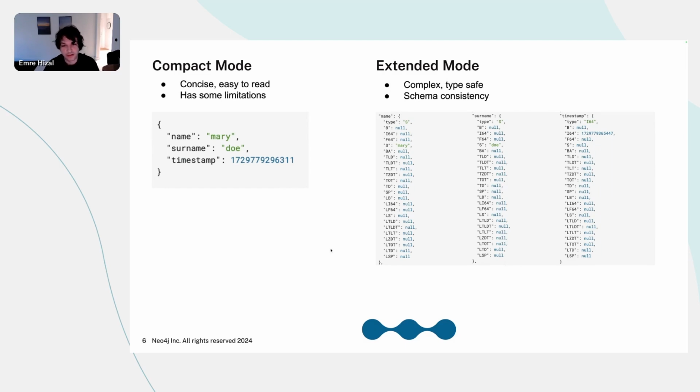It basically has fields, and for these fields, we have a special struct, which has all supported types in Neo4j, and you can see the value in this specific type field. This provides us schema consistency, and we are aiming with this not to break the schemas.